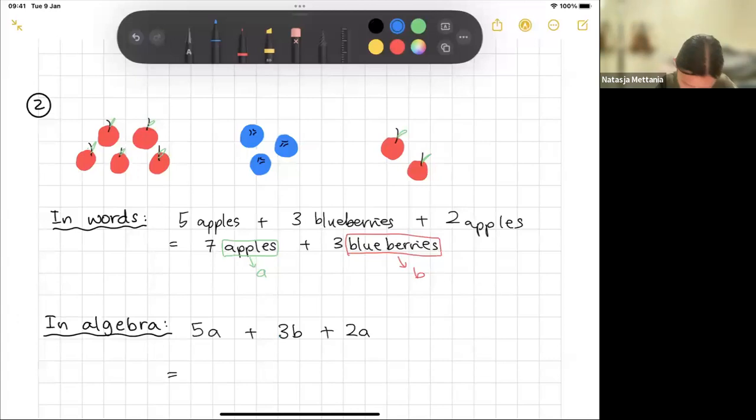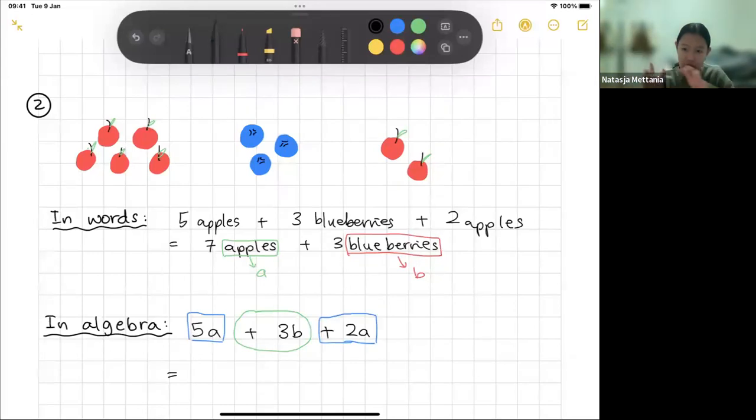In this case, 5A and 2A are the exact same letter and the exact same power, so I'm going to box it. I'm not just going to box 2A, I'm going to box it with the plus. Any sign in front of that term, I'm going to take with me. So I'm going to box 5A and box plus 2A. And now I'm going to circle, not 3B, but plus 3B.